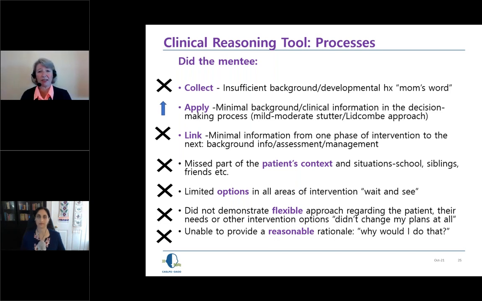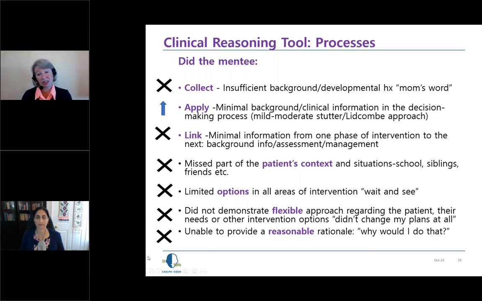Some minimal background clinical information in the decision-making process. They did come to the conclusion there was a mild, moderate stutter and decided on the Lidcombe approach. But really the rest, again, very minimal, or they weren't considering different options or showing a lot of flexibility.